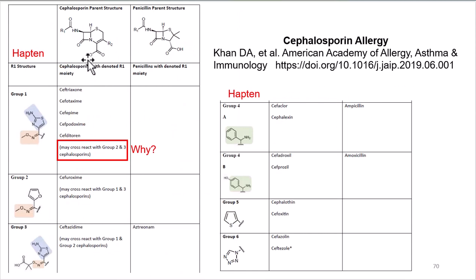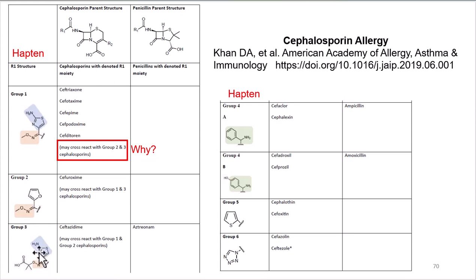Here we have cephalosporin allergies, and we see that if you're allergic to, say, ceftriaxone, you probably shouldn't then give cefuroxime and ceftazidime. And so we see that the hapten here, this is a 5-membered, amino sulfide containing ring. Here's a furan ring, which is an aromatized 5-membered ring with an oxygen.